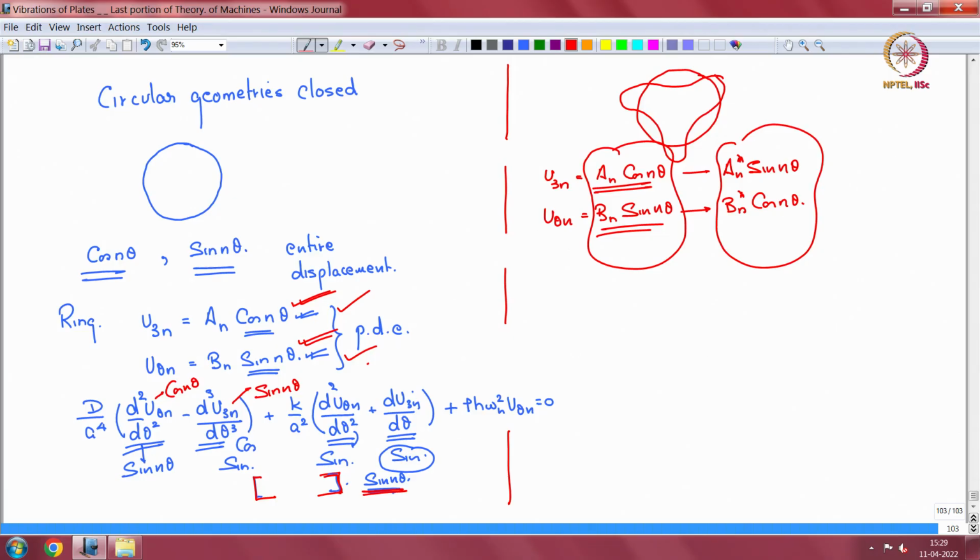So when you do this shifting, what will it do to the matrix? Okay.